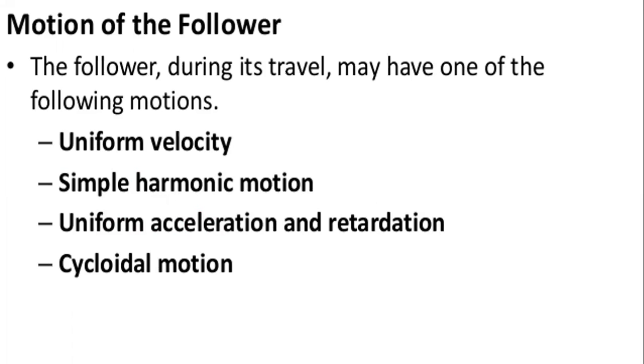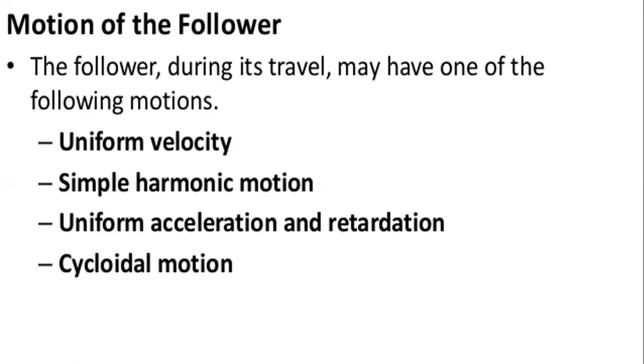Generally, whenever the follower is moving in its direction with respect to the cam, it has one of the following movements. For the moment we are taking it as only one motion.